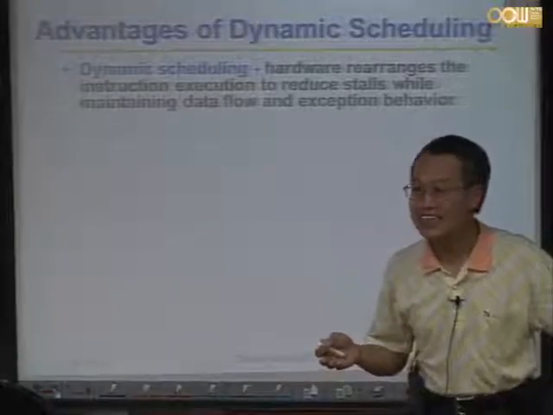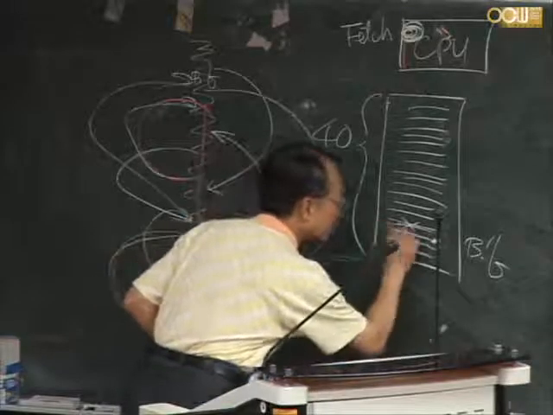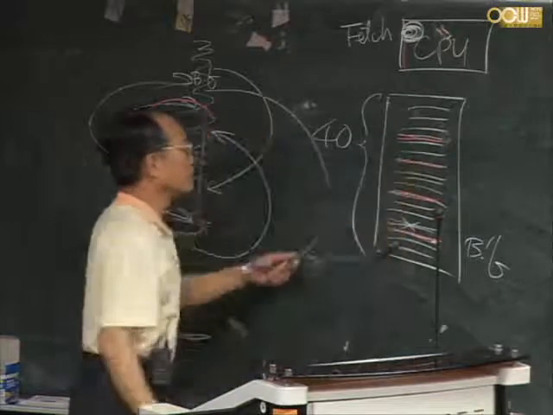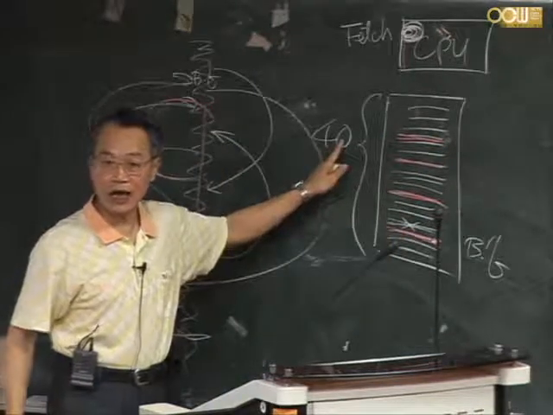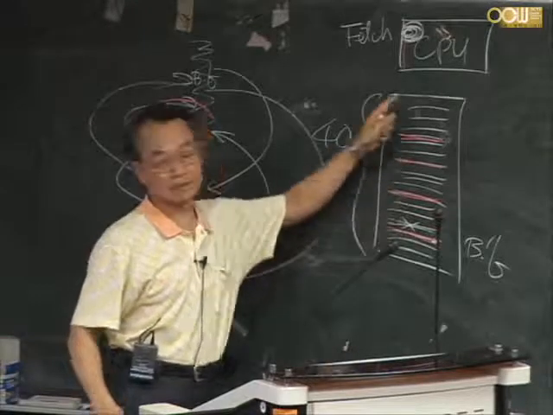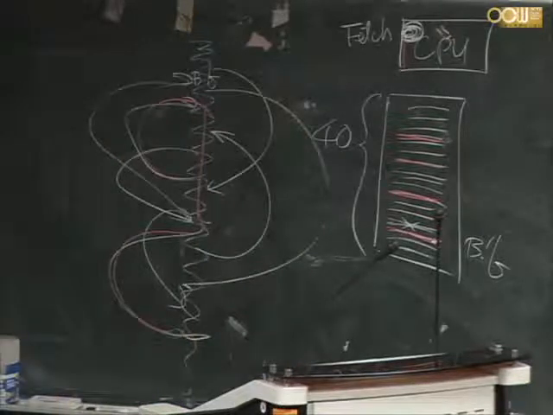Okay? Within this table, there are some predicted branches. Even with 40 instructions, I already may have 5 basic blocks. Every basic block may be just 6 instructions.